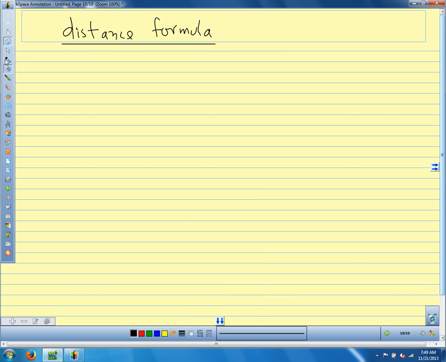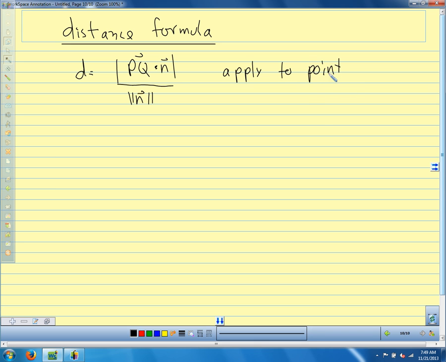So what we do for this formula is we start with our formula for the distance. So our distance is the absolute value of PQ dot n, this is what we came up with, the one we've been using, over the magnitude of the normal vector. And we're going to apply it to a point. I'm going to call Q x0, y0, z0.